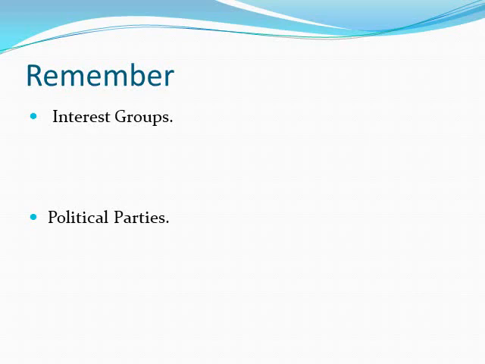There are 6 main functions. First, they act as a bridge between people and government. The second is aggregation of interests. The third is integration into the political system. The fourth is political socialization. The fifth is mobilization of voters, and the final one is organization of government.